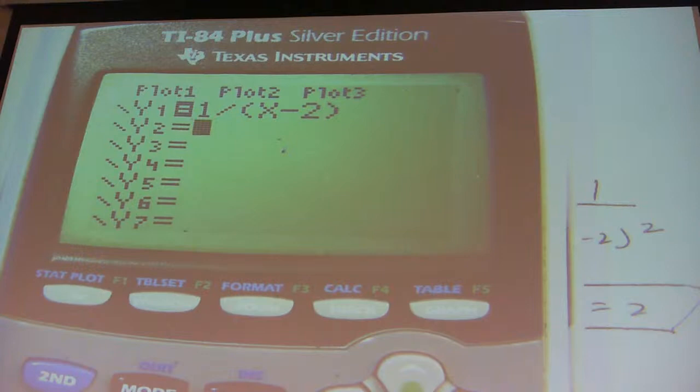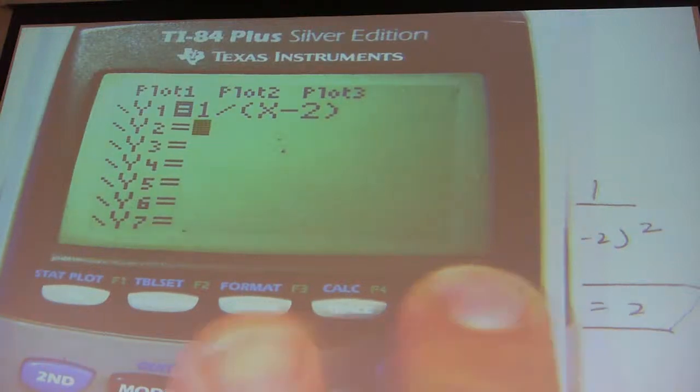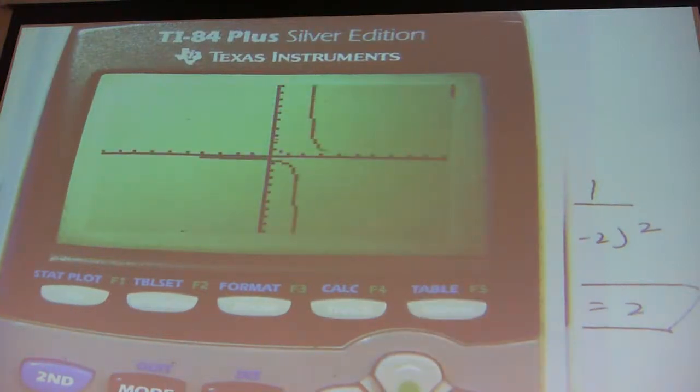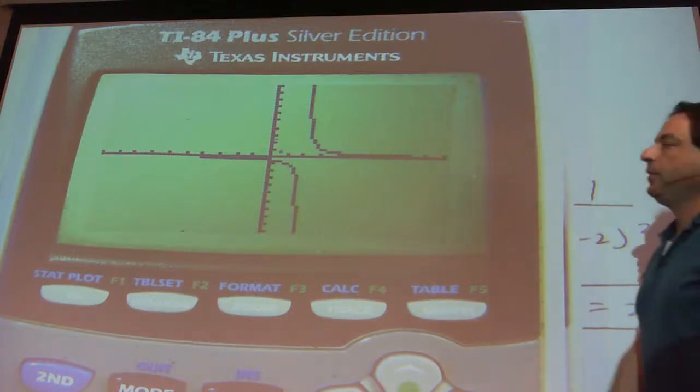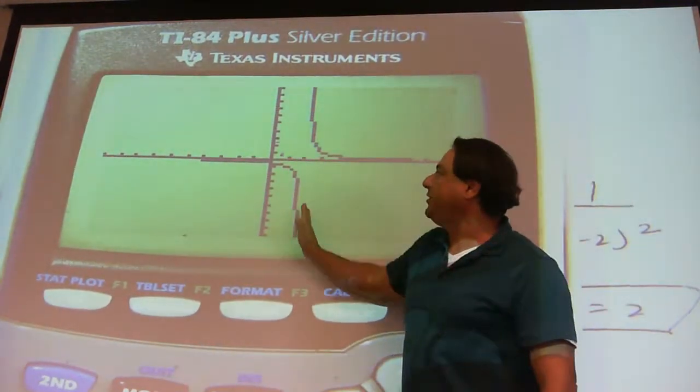We know something's going on at 2. So if I hit graph, let's see what's going on at 2, and you've already figured it out. It is a vertical asymptote there.